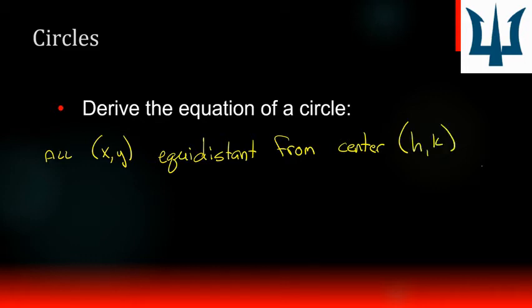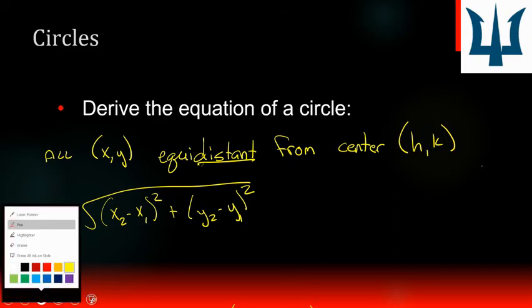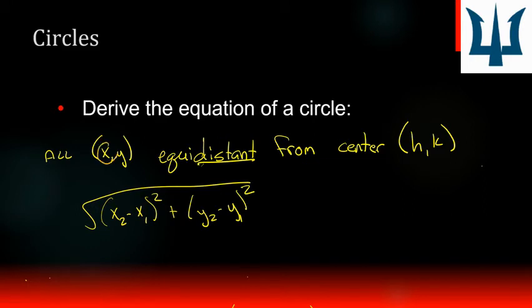So if we're trying to find all the points equidistant, then I'm going to need the distance formula. So remember, our distance formula is x2 minus x1 squared plus y2 minus y1 squared, all under the square root. And in this case, for our x2 and x1, I'm going to take the points here. That x, I'm going to call that x2.